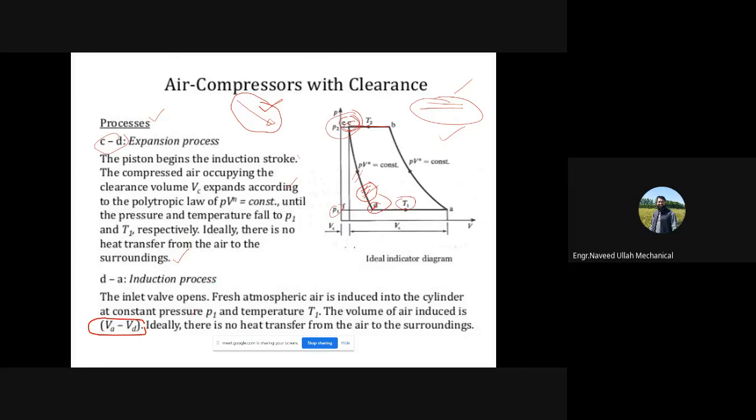इंडक्शन प्रोसेस क्या है? इंडक्शन प्रोसेस वही है, ठीक है, लेकिन इसमें इंडक्शन वॉल्यूम कम हो जाएगा. अच्छा, you can see previously we were having this much induction volume, right? So you can see here that if this is, let's say for example, the total volume of the cylinder, let's say that is VT, या VA आप इसको कह सकते हैं, because this is your VA.